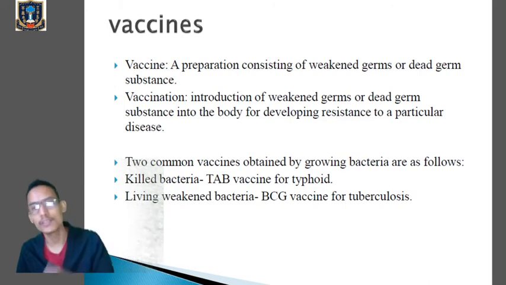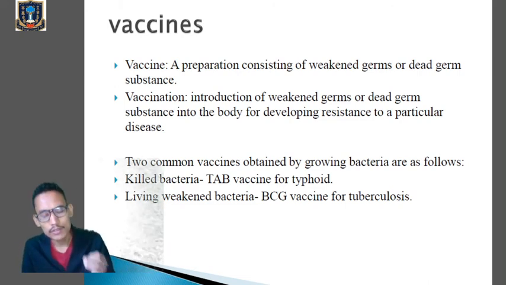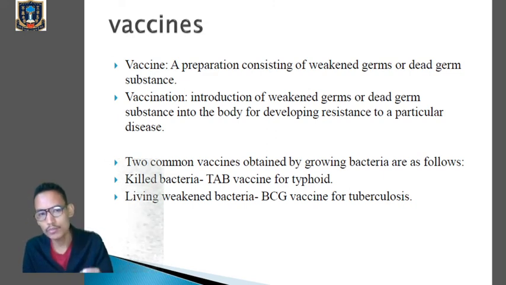The next one, vaccines. You are also familiar with the term vaccines, a preparation which consists of dead or weakened germs. Remember, in vaccines, we usually administer disease-causing germs, but the strength of those germs will be weak or they will be dead.